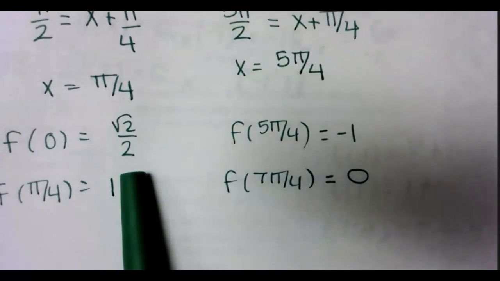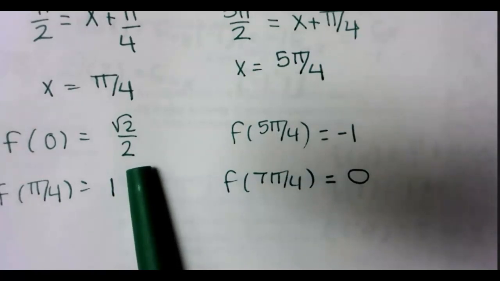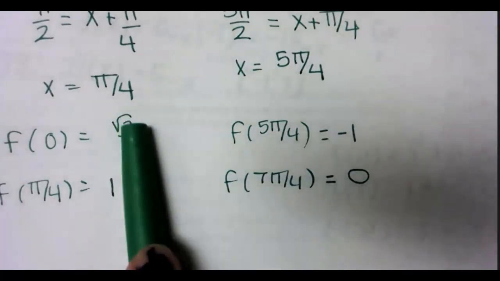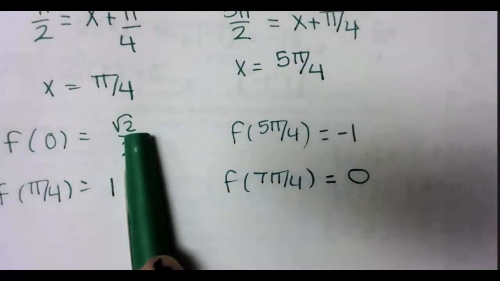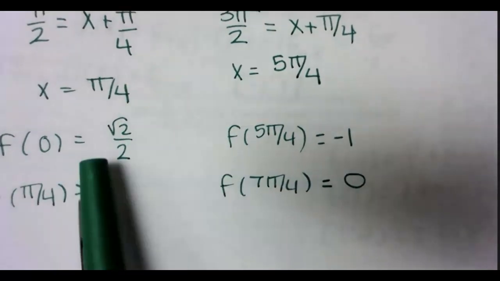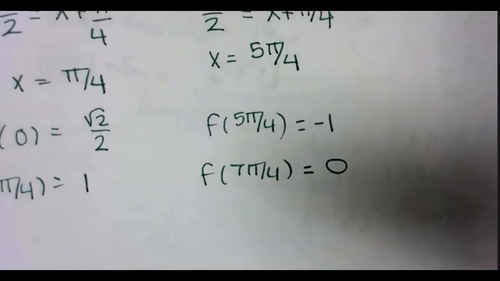Okay, anybody know what root 2 over 2 is? Approximately. Okay, so let's think about the square root of 1. The square root of 1 is 1, square root of 4 is 2. So the square root of 2 has to be between 1 and 2.